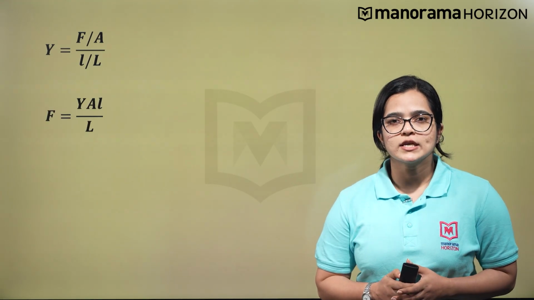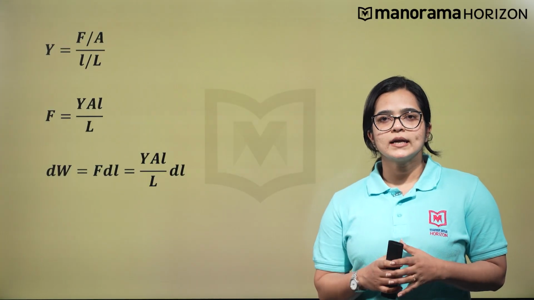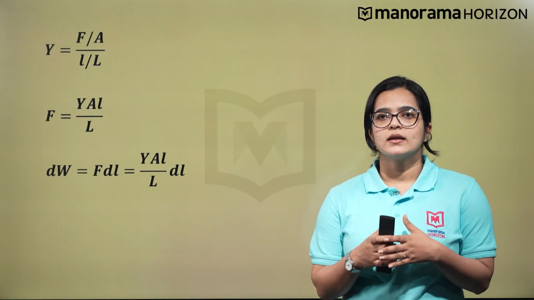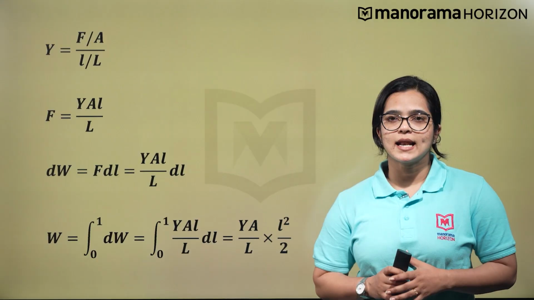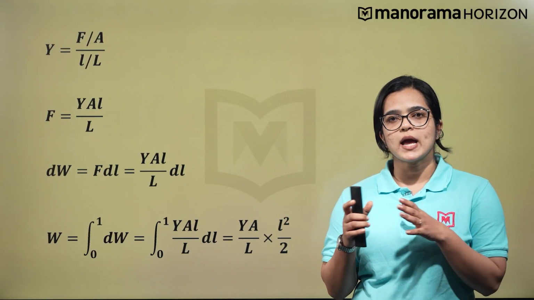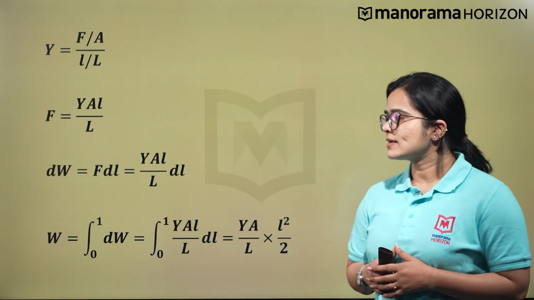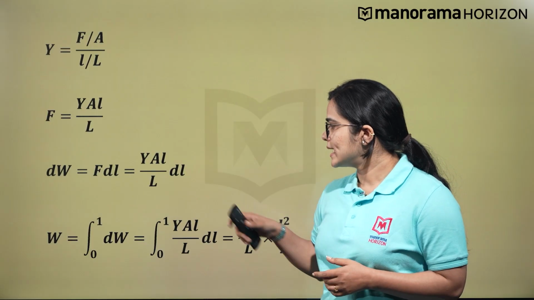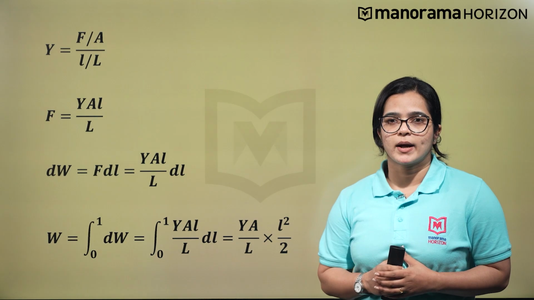For a further elongation of the infinitesimally small length dl, work done dW is F times dl or YAl dl by L. Therefore, the amount of work done in increasing the length of the wire from L to L plus l is obtained by integrating from l equal to 0 to l. That is, on integrating the equation YAl by L dl, we get the equation as YA by L into l square by 2.